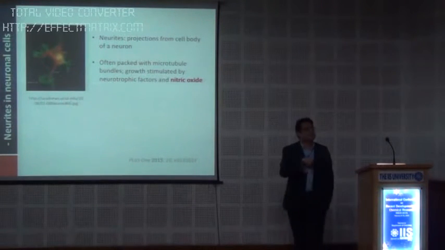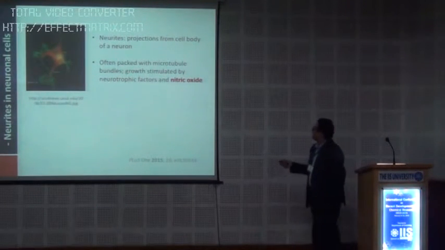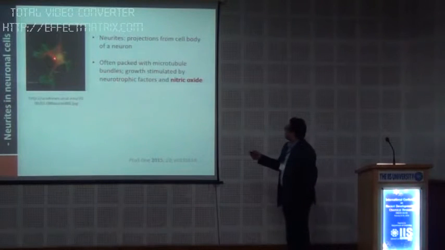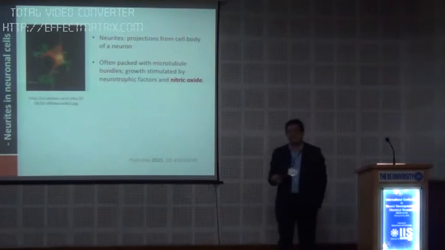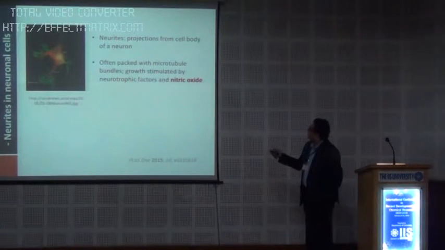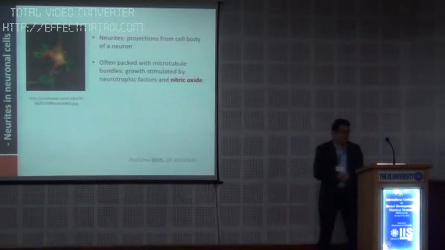It has reached the neuronal cells, and it is catalyzing the formation of such hair-like fibers called neurites. Because we know that the presence or generation of nitric oxide can stimulate the growth of these neurites in neuronal cell culture.